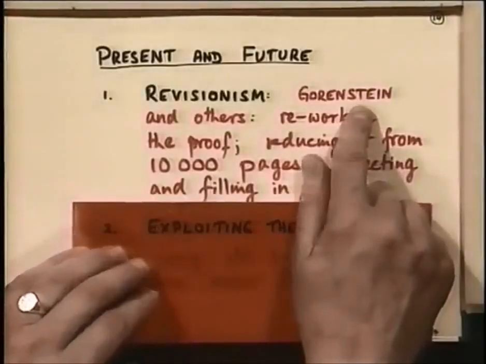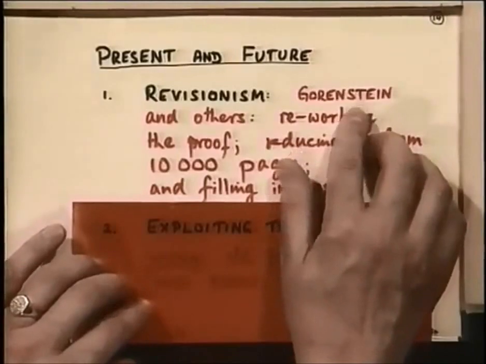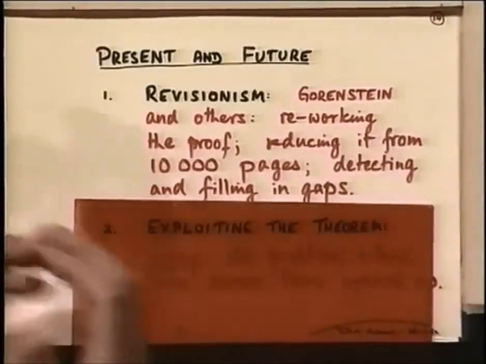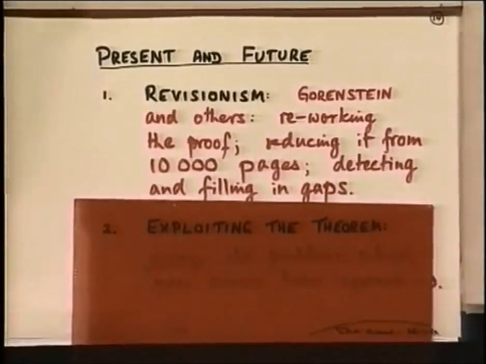What about the present and the future? The first great task that has occupied Daniel Gorenstein and various of his colleagues in Rutgers University and other parts of the world is the project called Revisionism, Reworking the Proof.